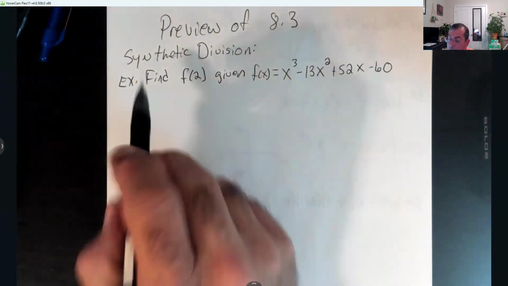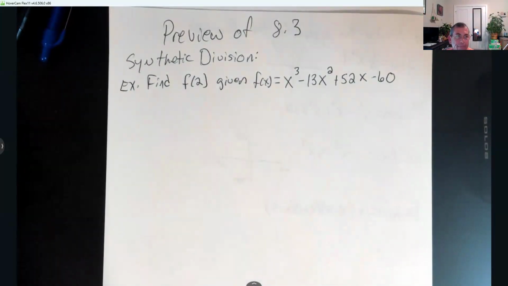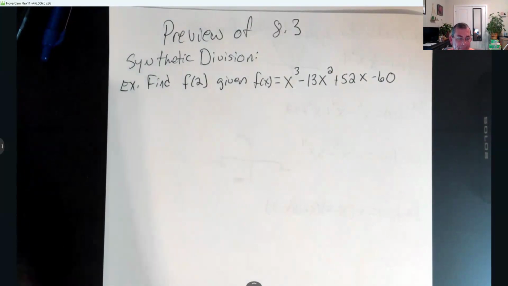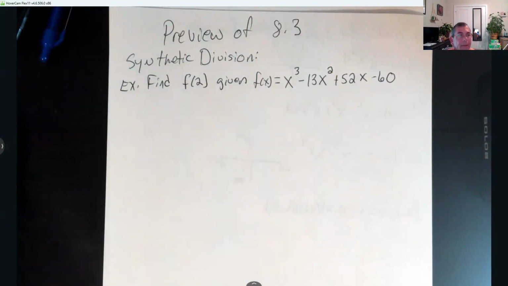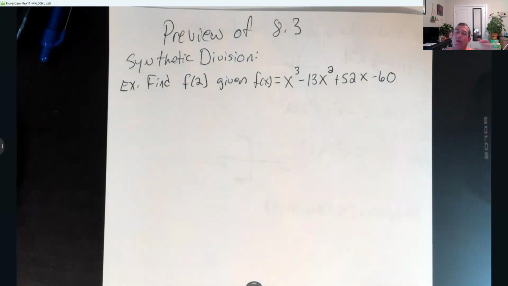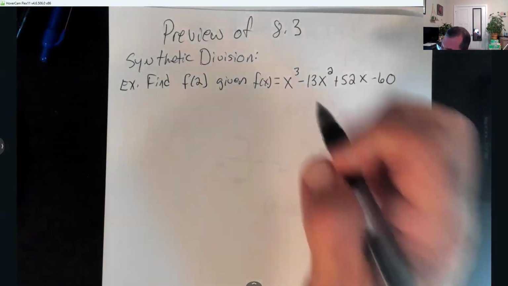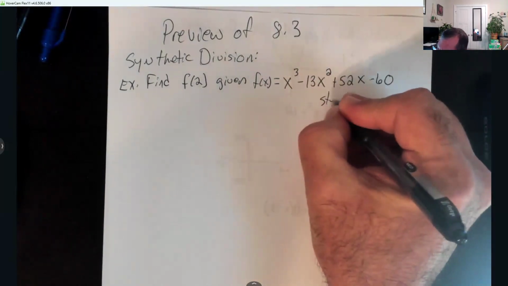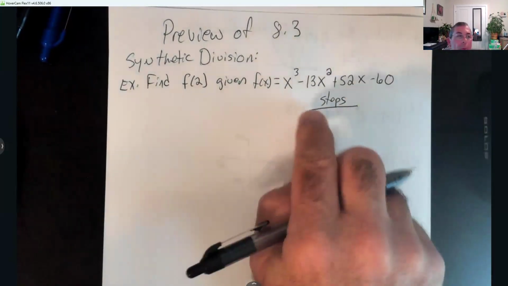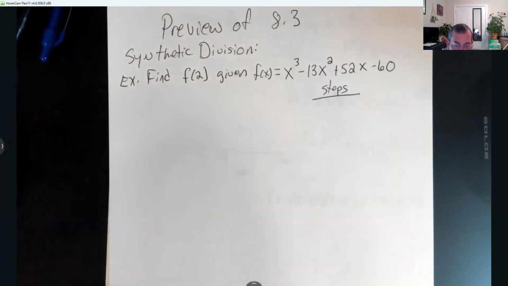Have any of y'all ever done synthetic division? It's something we use instead of long division. Long division, woo, you can lose stuff quick. But synthetic division is not too bad. So let me write my steps over here. That way I can give y'all the steps today, and tomorrow we'll just start working problems, okay?